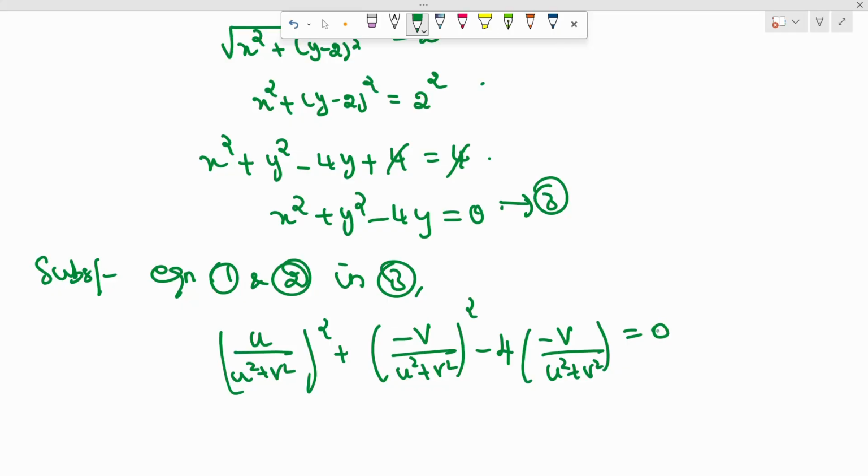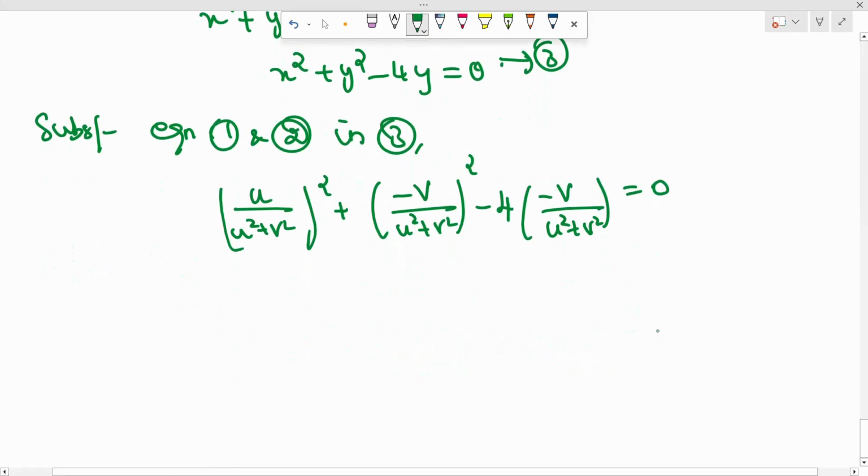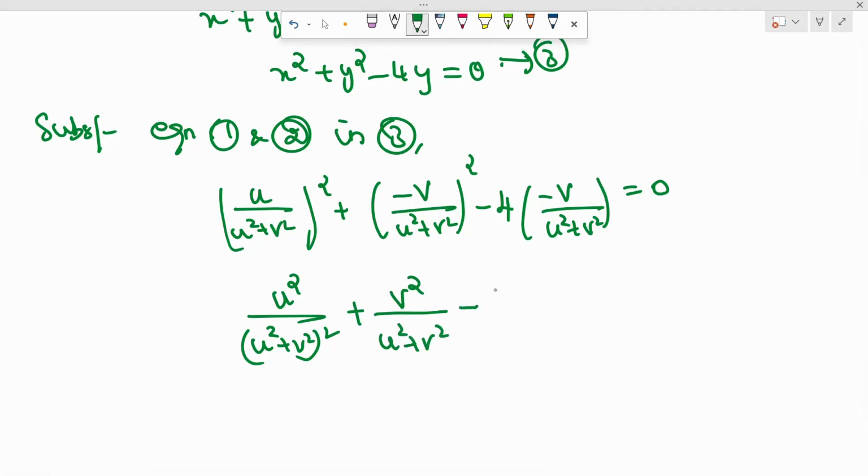If we simplify this equation, we will get the required W plane image. This can be written as u square by (u square plus v square) whole square plus (minus v) whole square will be v square divided by (u square plus v square) whole square, minus into minus plus 4v by u square plus v square equal to 0.